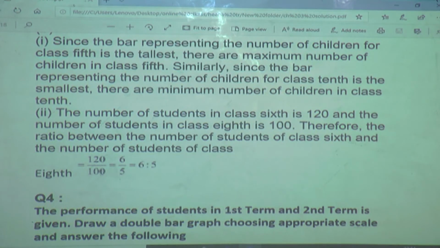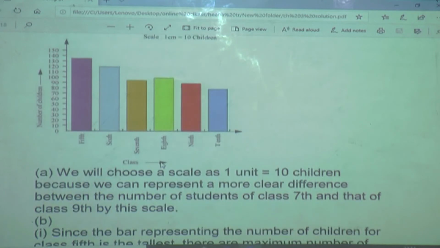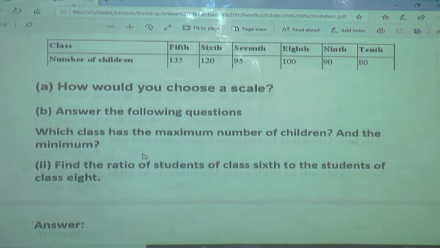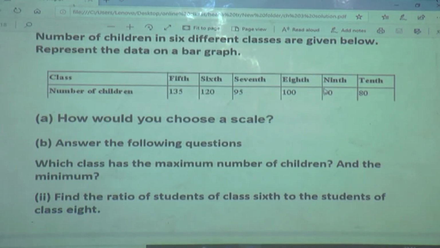Here 2 fives are 10 and 2 sixes are 12. So what we get is 6 upon 5, which is written in the form of a ratio as 6:5. So we can say the students of 6th and 8th standard are in the ratio 6:5. So we attempted the questions by plotting the graph from the given data.